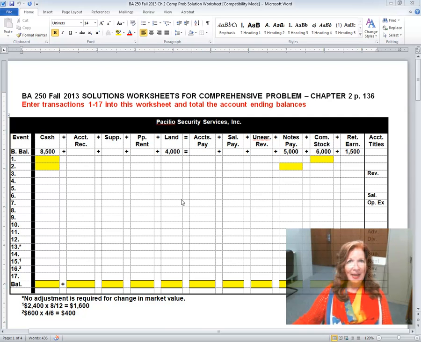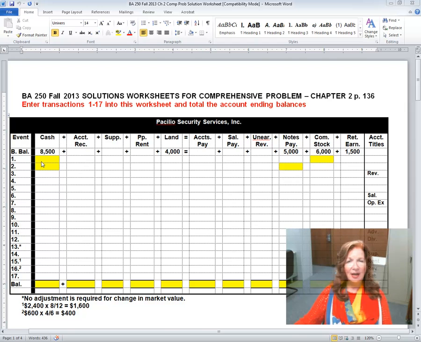It's up here, and as it says, it's the BA 250 worksheet for this comprehensive problem on page 136, and you are to enter all the transactions 1 through 17 into this worksheet and total the accounts at the bottom.